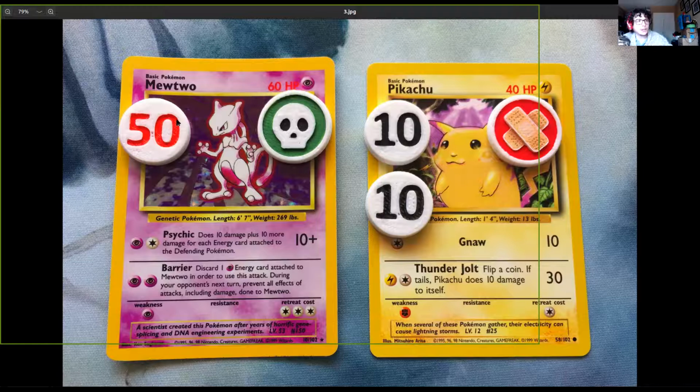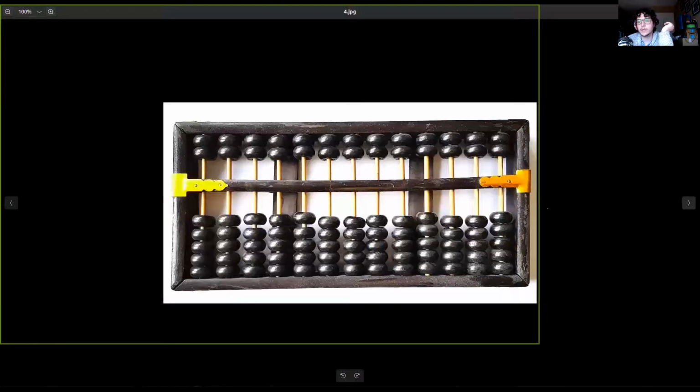Now, of course, there are loads of different types of temporary measures of keeping track of how many of something there are. So, anybody know what this is? Yes, exactly.